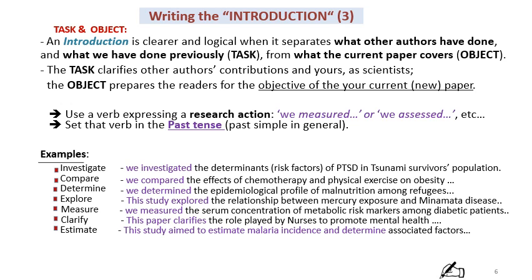The task clarifies what others have done and what the researchers who are writing the paper have done as scientists, and the object of the paper prepares the readers to understand the main aim of our study.